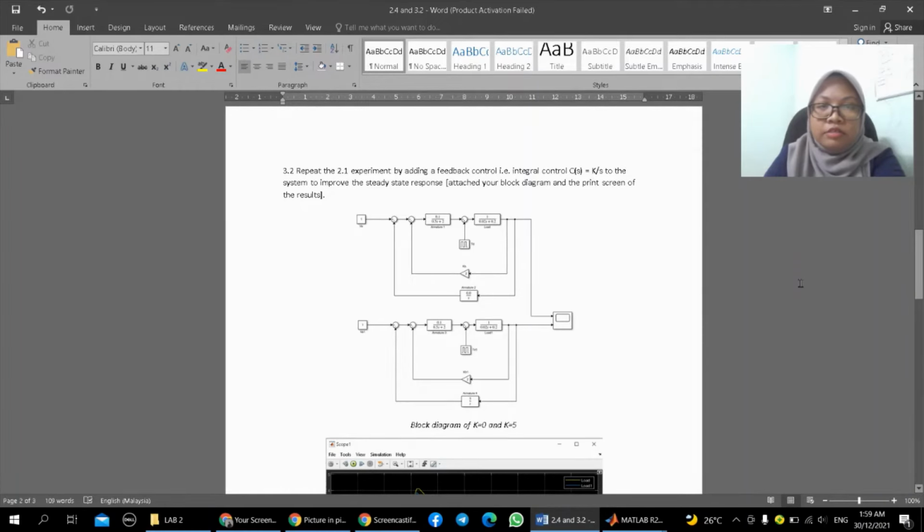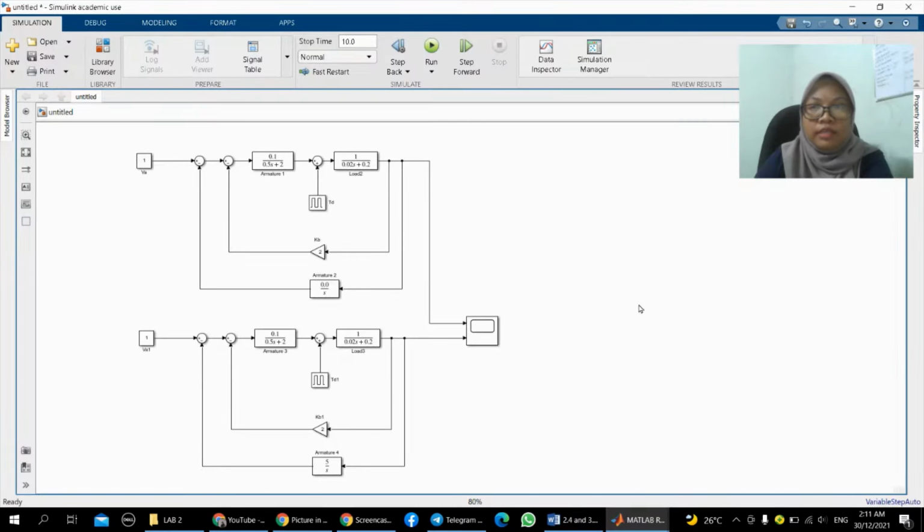Next for part 3, question 3.2: repeat the 2.1 experiment by adding a feedback control, for example integral control, Cs equal to K over s, to the system to improve the steady state response. Okay, this is the plot diagram for question 3.2, to add the integral feedback.